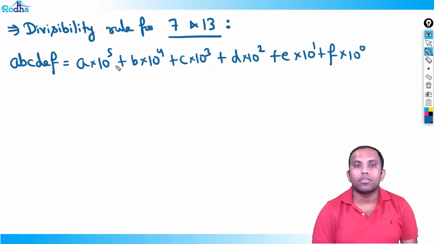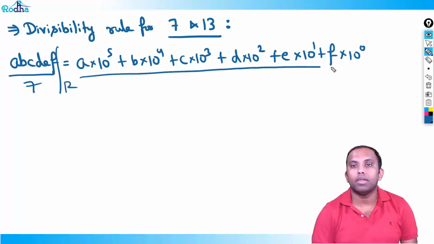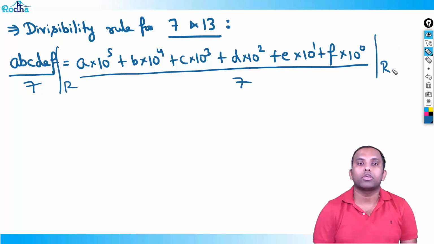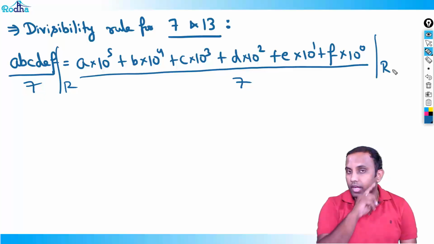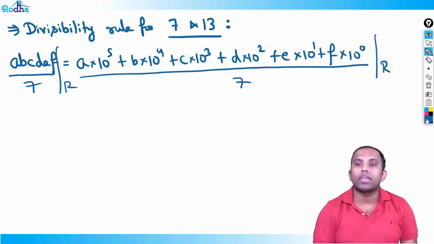Now this, when divided by 7, what is the remainder? Now here comes another punch. How to find the divisibility rule for 7? Again I told you, for any new number I have, 10 raised to x upon that number should give me a remainder of plus 1 or minus 1.